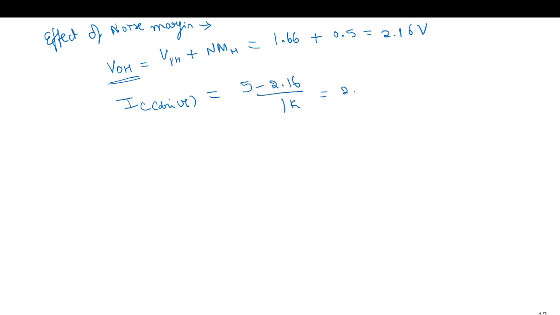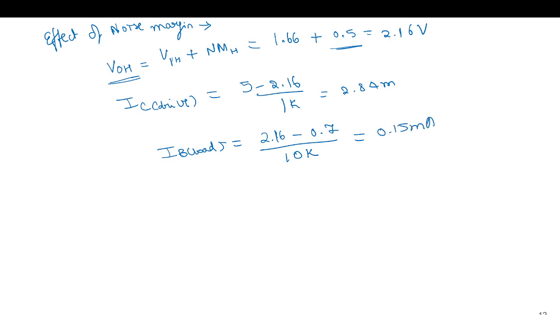Okay. Now my current is low because of this noise margin addition. And IB, which is the load, is Vout minus VBE sat by RB. So 2.6, now my Vout minus VBE sat by RB, which is IC driver by IB load.